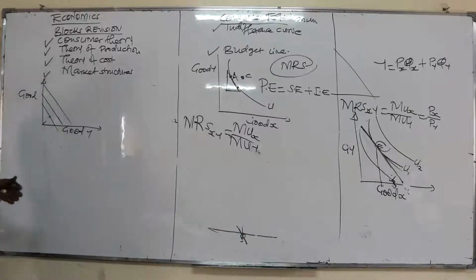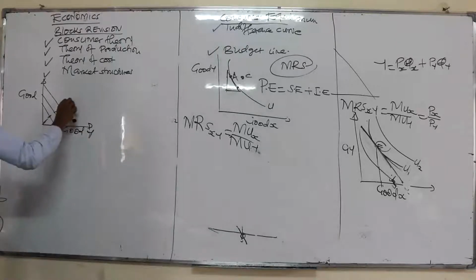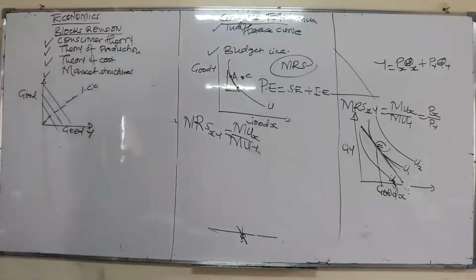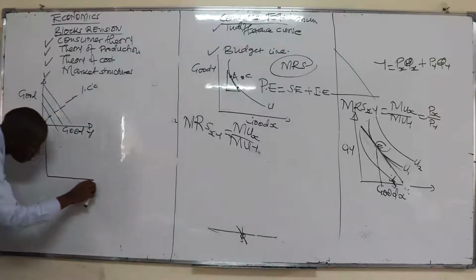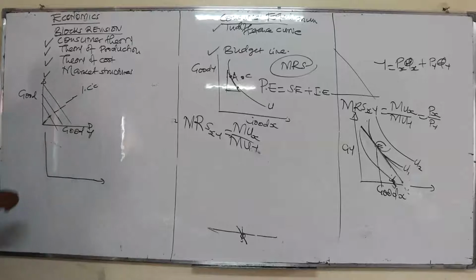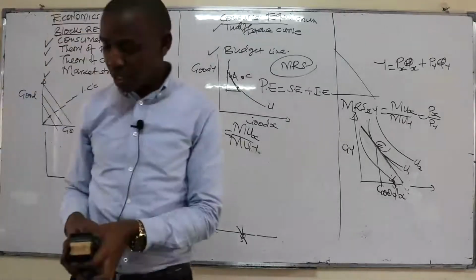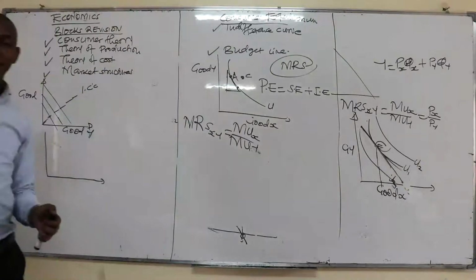Can have this good Y. Now this is what we call the income consumption curve. Which in this case is now used to derive the income demand curve.